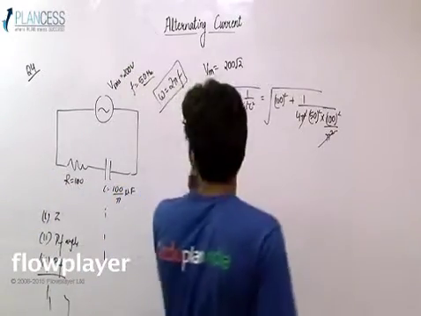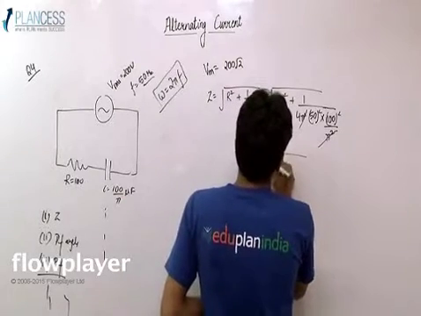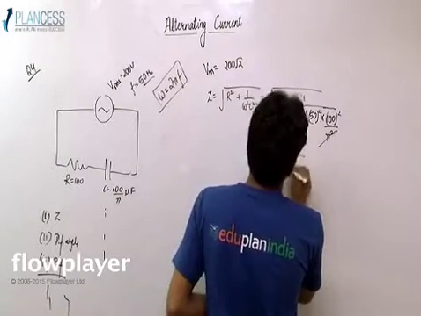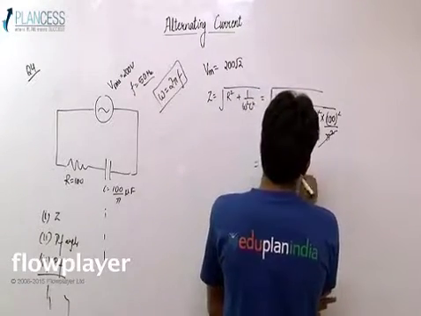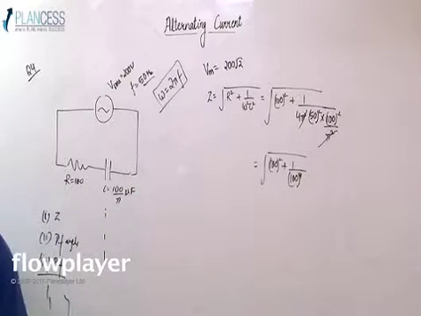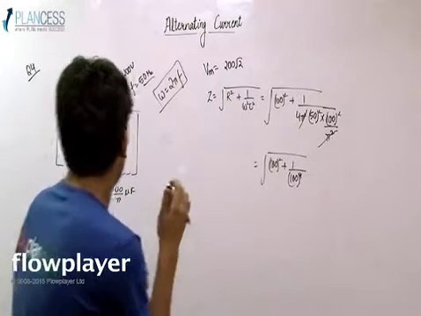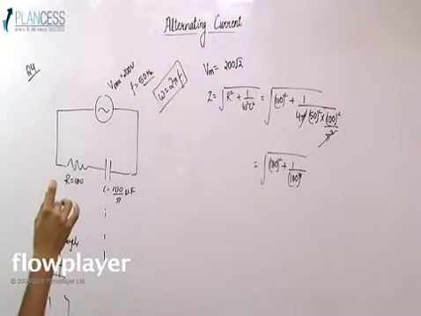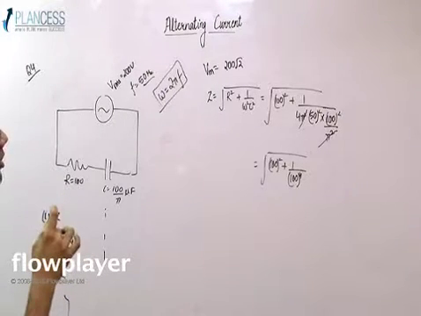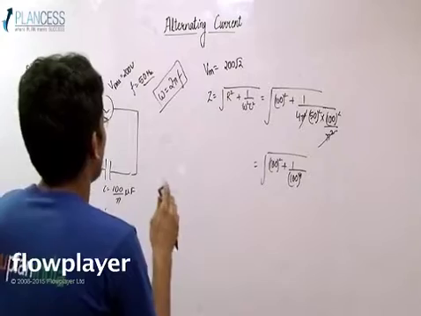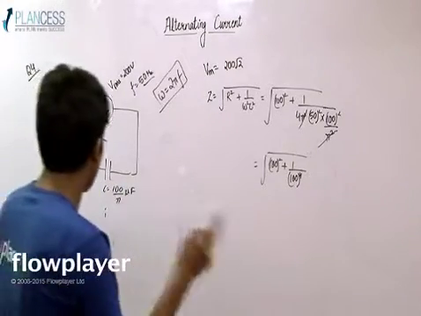I think I made a mistake somewhere. It should be 1 upon omega square C square.